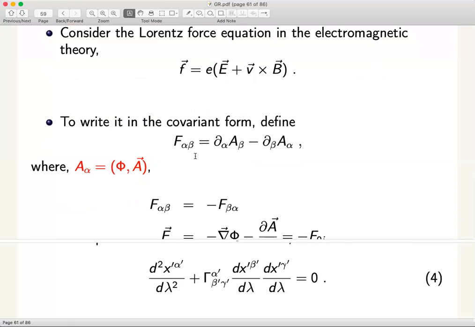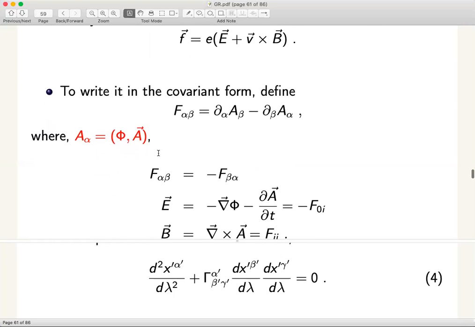F alpha beta is del alpha A beta minus del beta A alpha, where the zeroth component of A alpha is the Coulomb potential, and A vector is the vector potential, the one responsible for, say, the magnetic field. Now, F alpha beta, by definition, is antisymmetric in its indices, so F alpha beta is minus F beta alpha.